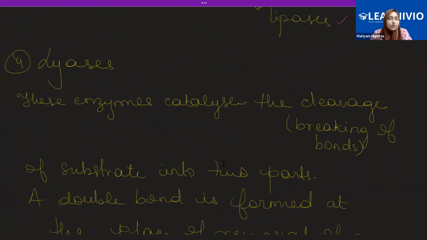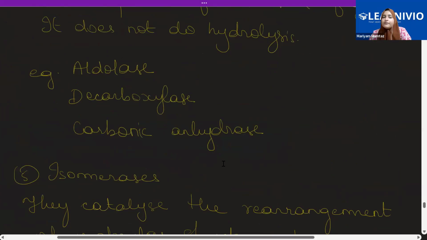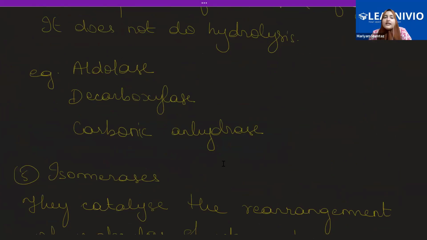Breakdown is happening, no water is involved, and wherever a part is removed, a double bond is formed. That is lyase. For example, aldolase enzyme, decarboxylase enzyme, there's carbonic anhydrase as well. You remember carbonic anhydrase? Where have you heard this before?